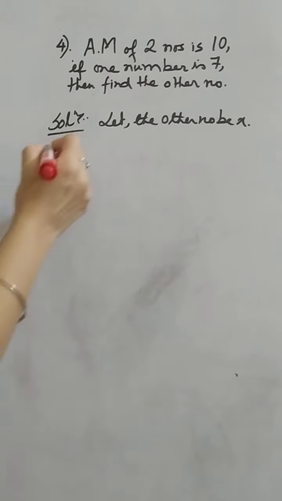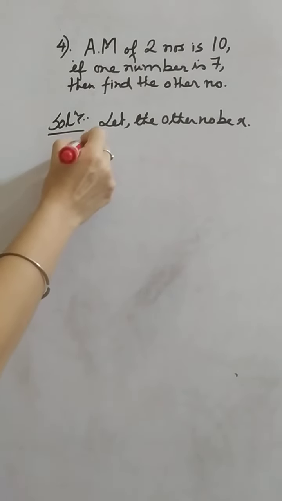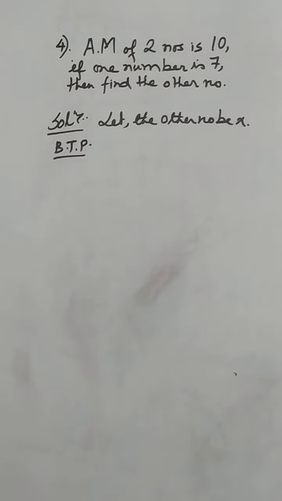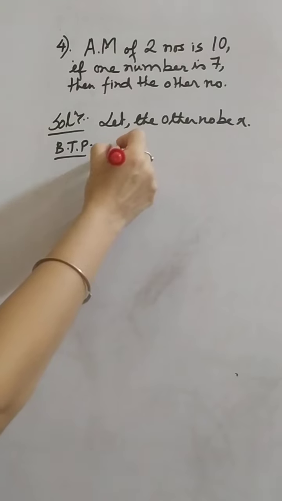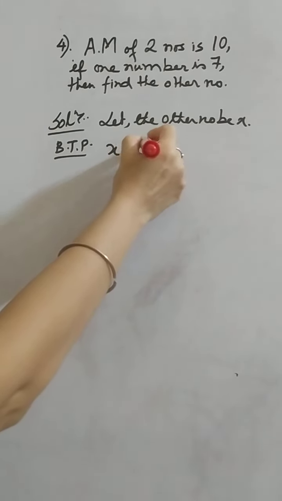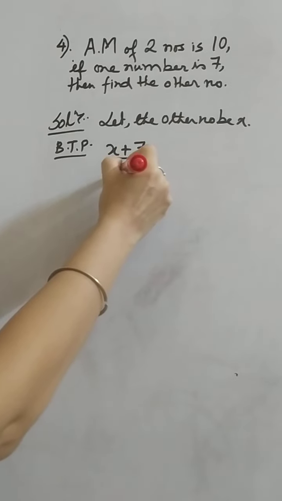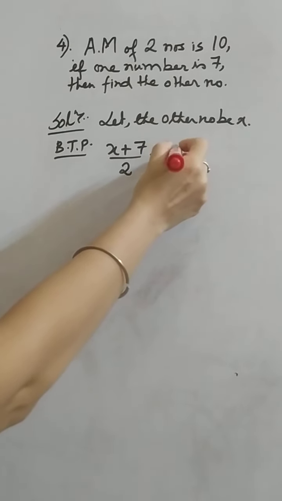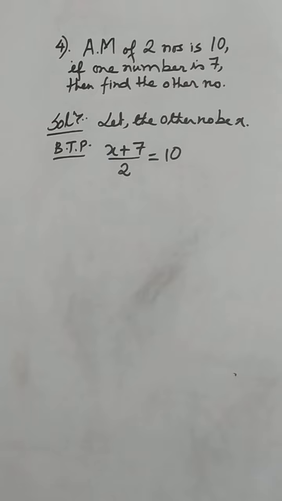Then by the problem, arithmetic mean is the average of the two numbers, that is x plus 7 by 2 is equal to the arithmetic mean.